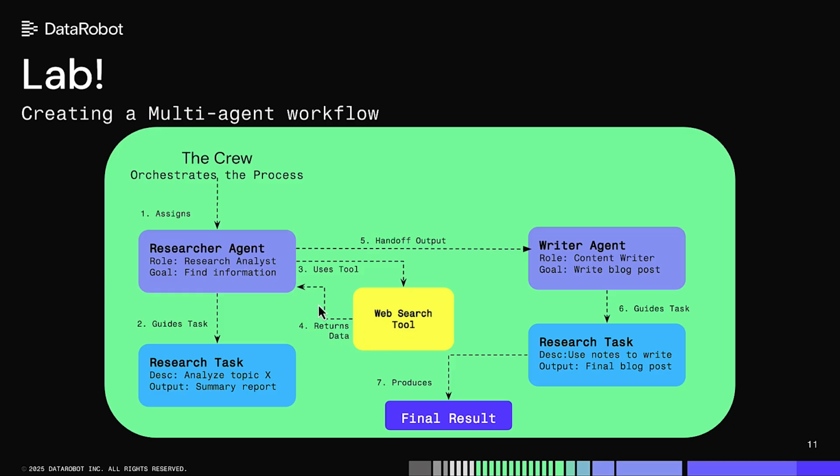The research agent goes out and does research using the tool with a research task. Then the writer agent will write a blog post based on the research report that the researcher agent produces. The output of that will be a blog post. It'll use the notes to write a blog post, and we'll define that in more detail later.